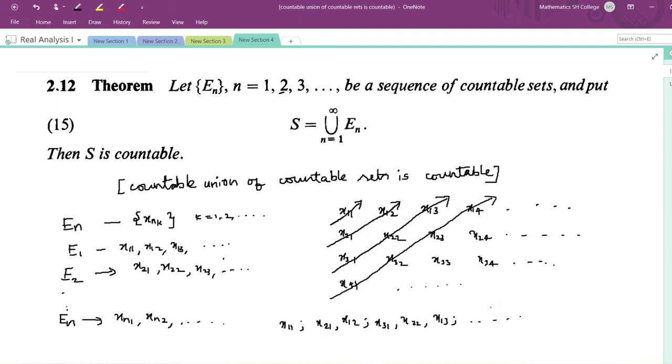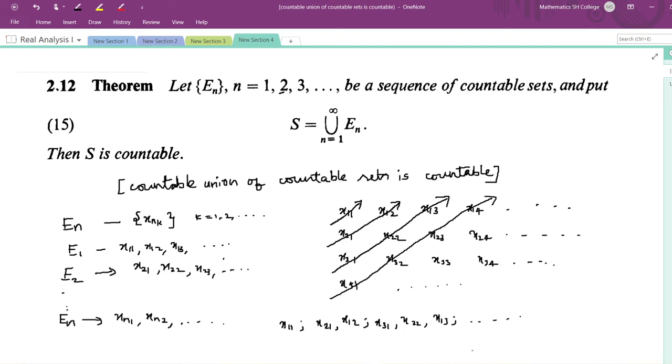In this way, if I go on writing, I can see that all the elements of S are covered here. Now there may be repetition. Some Ens may have common elements, and these elements will occur more than once in the sequence.